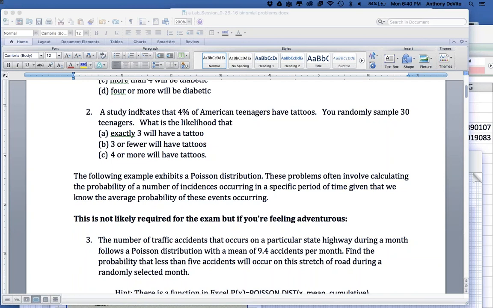That was the third one. Am I wrong? Exhaustive. In other words, all the possibilities had to add up to one. Had to be independent. That's it. Okay.